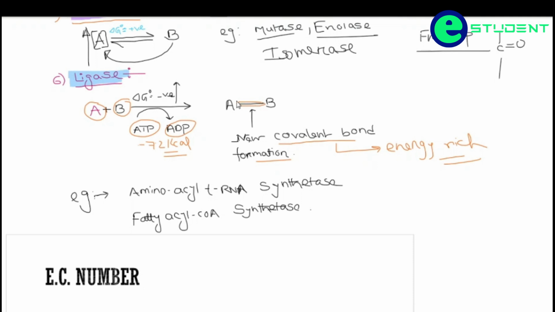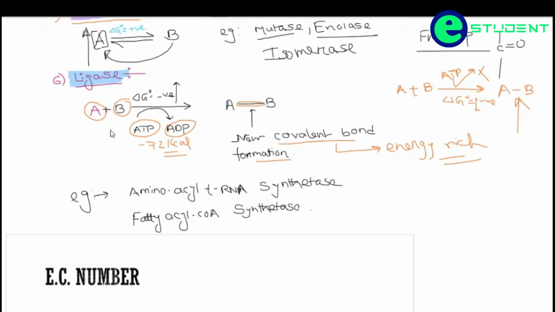So ligases need ATP hydrolysis for formation of a bond, but in case of lyases, where A plus B is converted into AB, their del G naught value is generally negative but less negative. So no ATP is needed here for the formation of a bond between A and B.